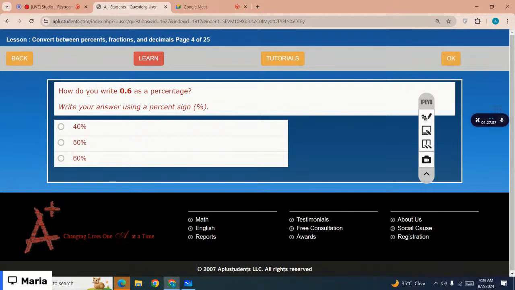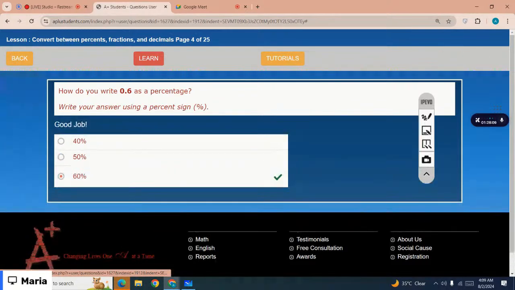Simply multiply by 100. So you have to do 0.6 times 100, which equals 60%. So the correct option is 60%. Option number 3 is the correct option.